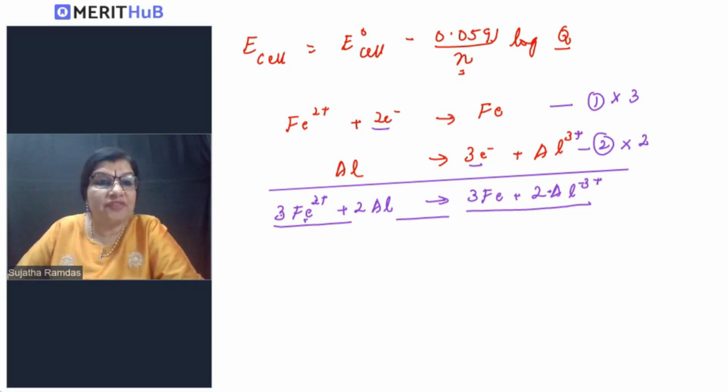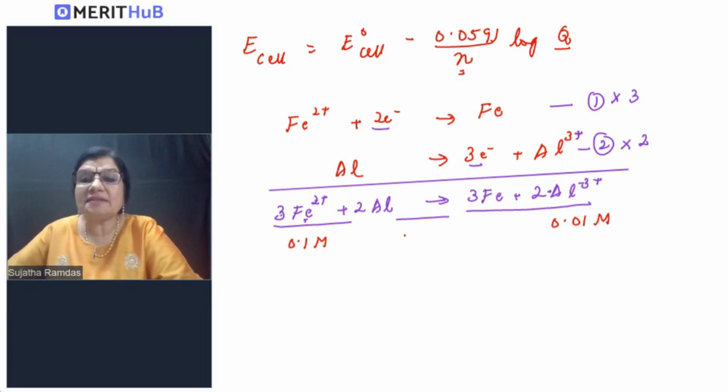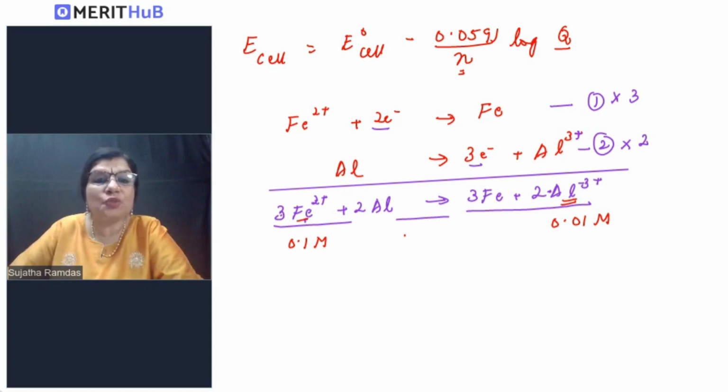We know the concentration of Fe2+. The concentration of Fe2+ is 0.1 molar. And Al3+ concentration is 0.01 molar. So Al3+ is the product and Fe2+ is the reactant. So what is Q equal to? You know how to write the expressions for equilibrium constant or reaction quotient, right?